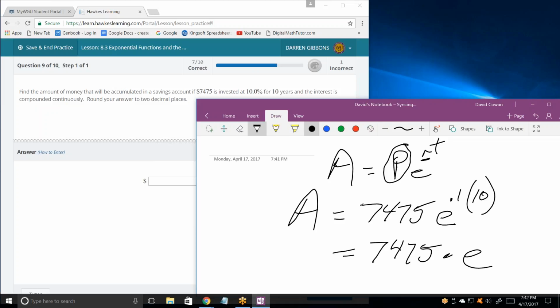So go ahead and put that into Wolfram Alpha and give me what the answer rounded off to 2 decimal places is. Should be about 20,000. 21 maybe. No, maybe 19. Yeah.